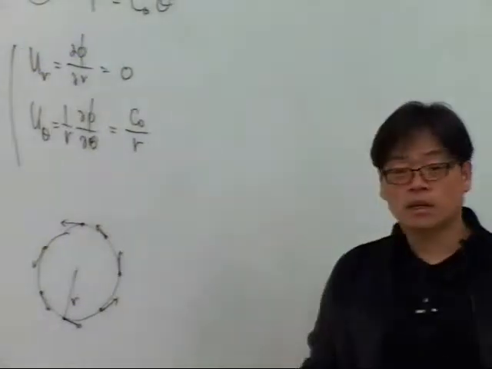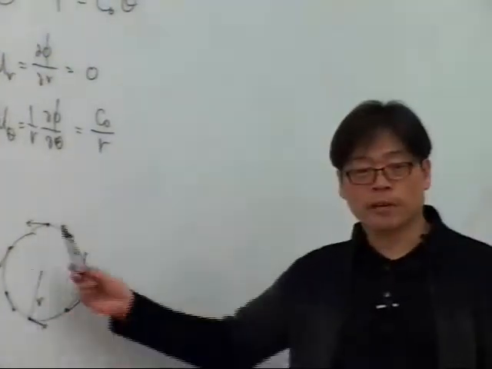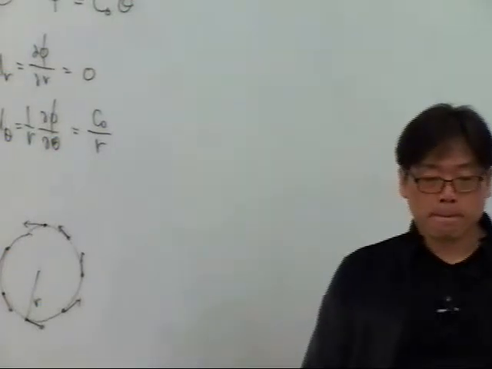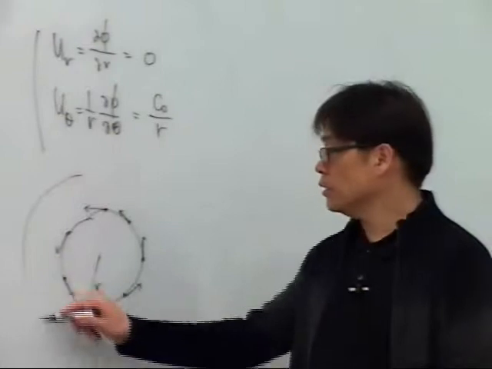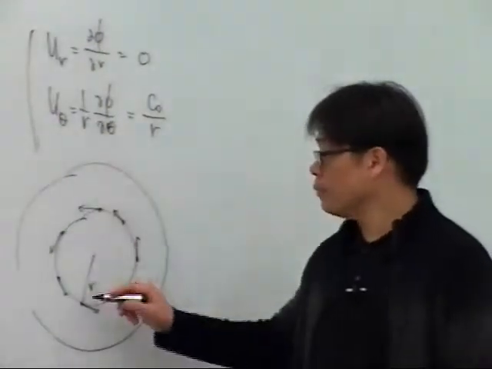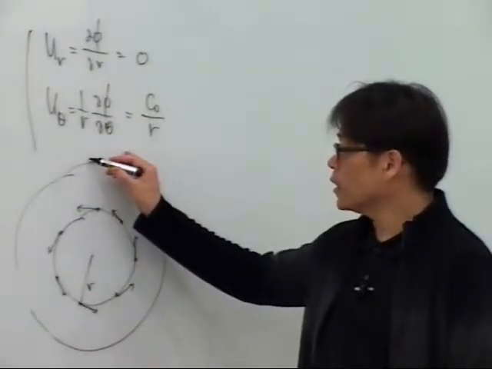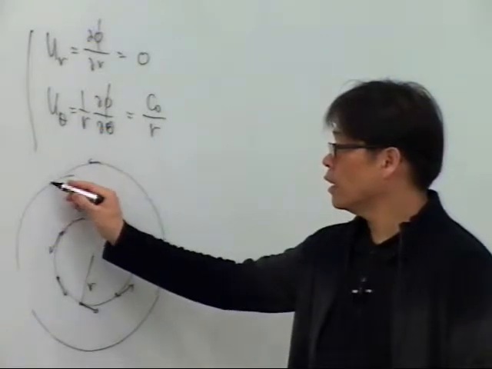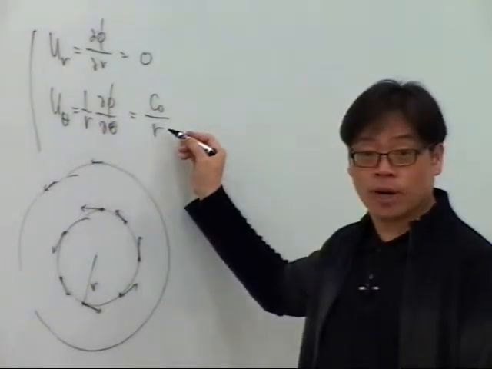So everything is rotating. If I draw another circle which is greater than before, then my velocity is smaller because it decays like 1 over r.